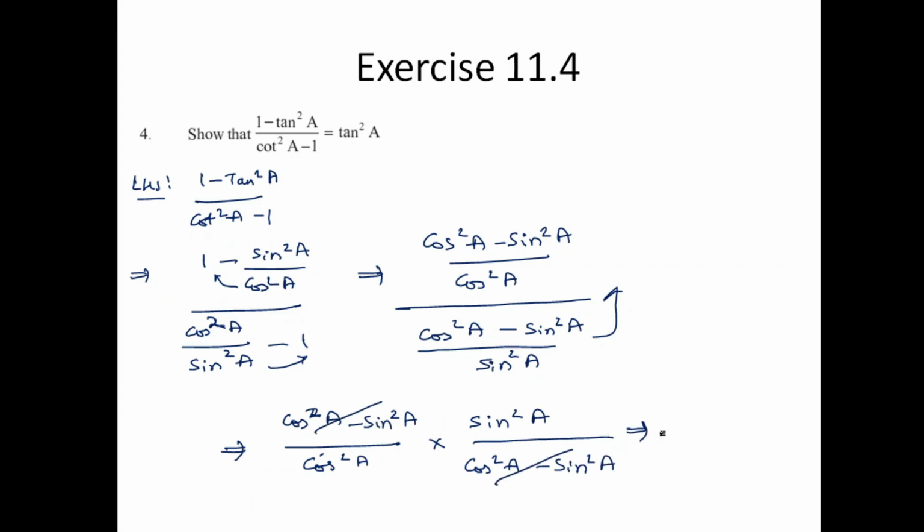Now we are left with only sine square A by cos square A. If you remember this, it can also be written as tan square A, which is your required RHS. So at last I can say that LHS is equivalent to your required RHS value, isn't it?